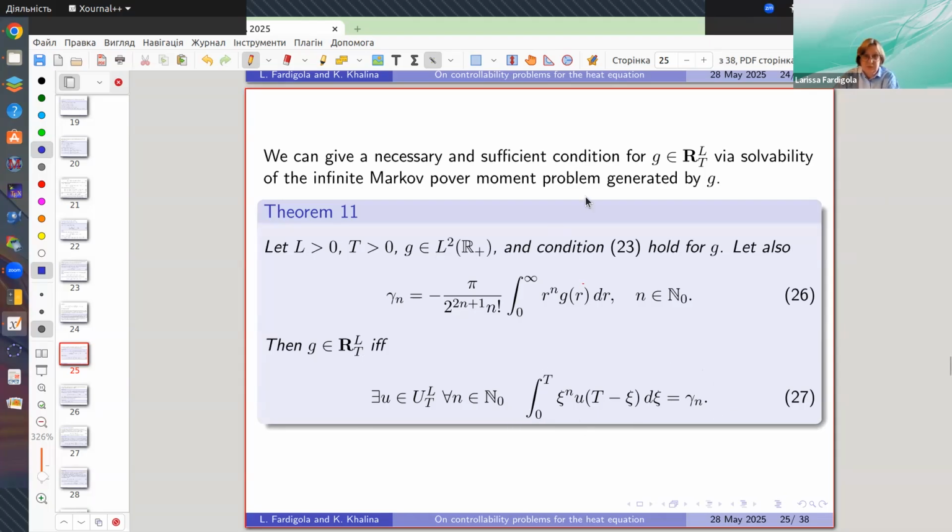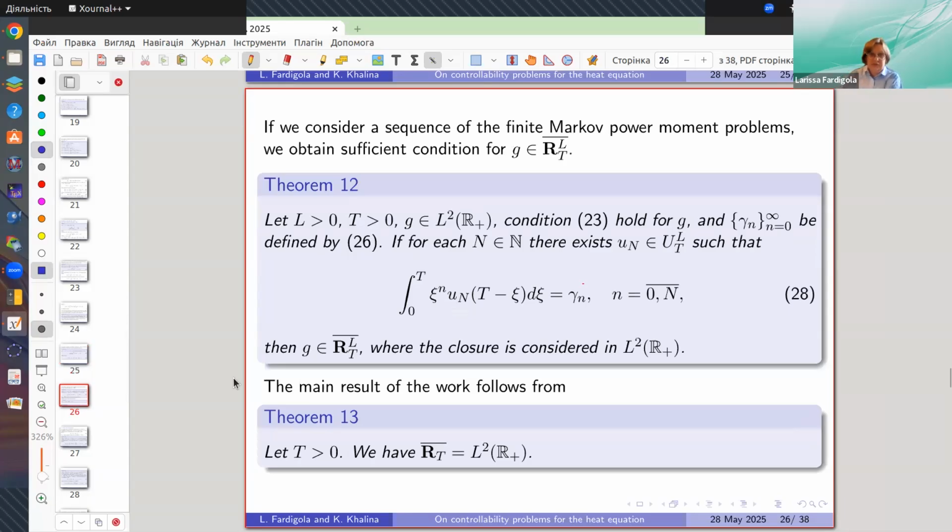Here we have the Markov power moment problem generated by the sequence Gn, and we want to find U from this condition. If we consider a sequence of finite Markov power problems, we obtain a sufficient condition for G to belong to the closure of this set.